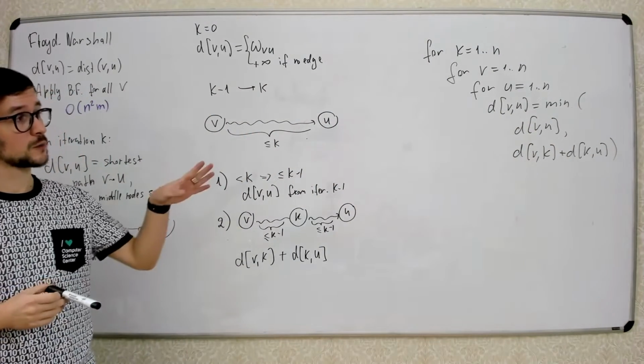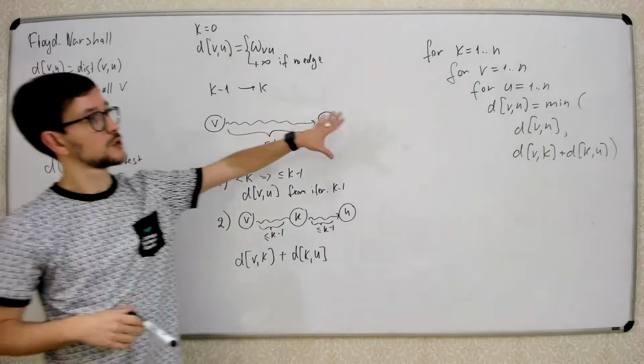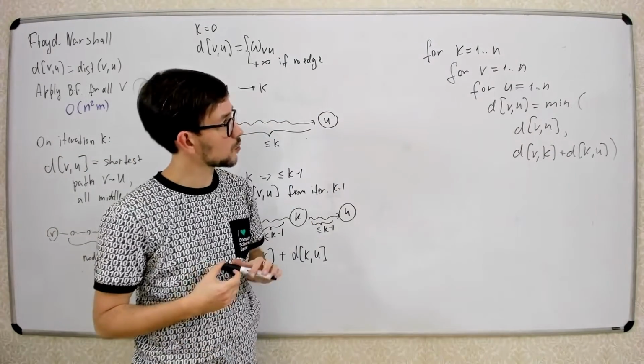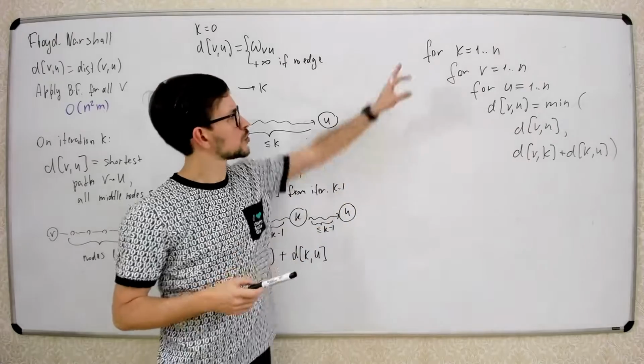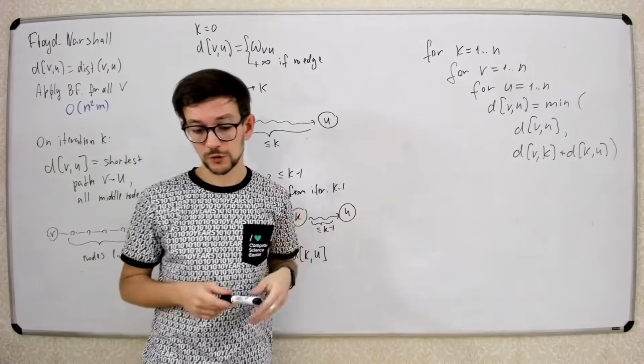That's all. That's the whole algorithm. That's the whole Floyd algorithm. So that's the whole code actually. Now, you need to initialize your distances, but you can do it.